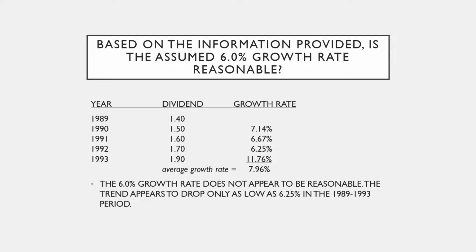The growth rates as calculated are 7.14%, 6.67%, 6.25%, and 11.76%. The average growth rate is 7.96%. Therefore, the assumed 6% growth rate would not be reasonable since the annual growth rates are greater than 6%, as well as the average growth rate.